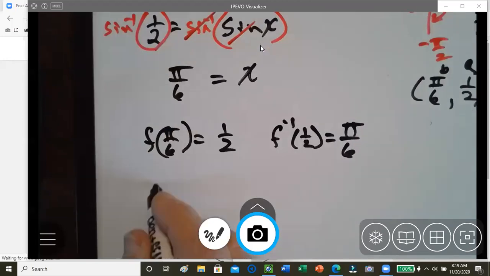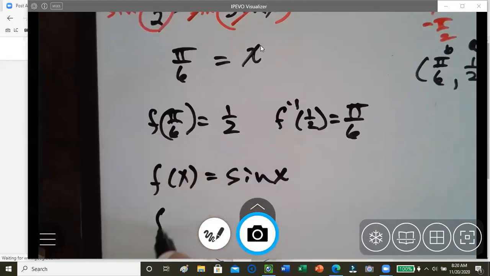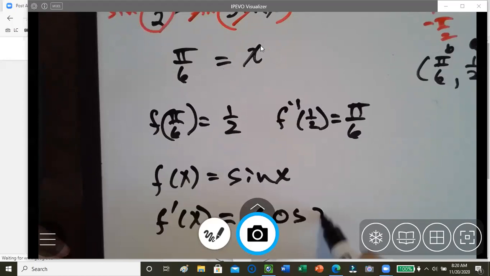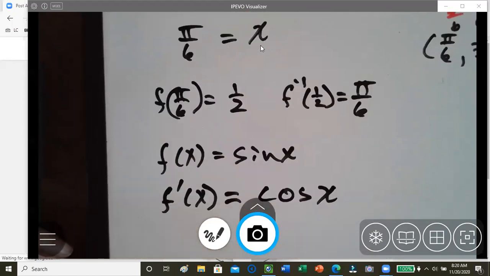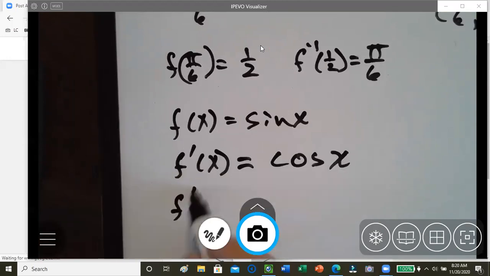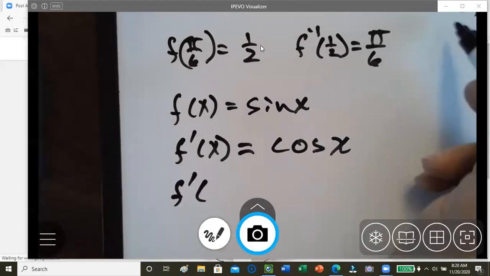Okay, so from here we need to find our derivative. I'm going to rewrite this. F of x equals sine x, and so the derivative for sine is just cosine x. So from here we go ahead and find what that derivative is, for x, we said is pi over 6.